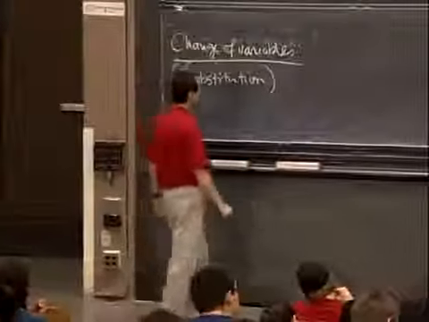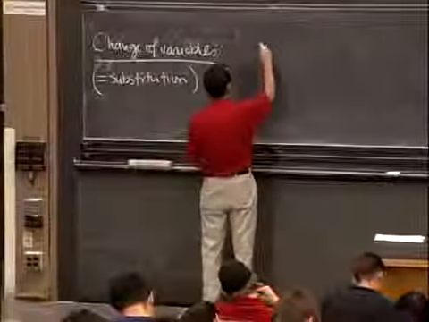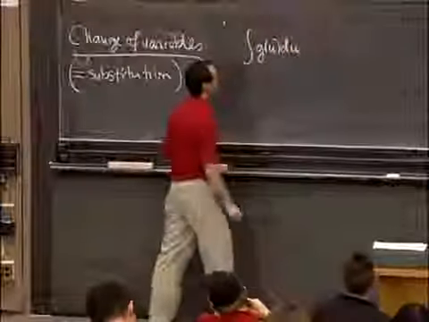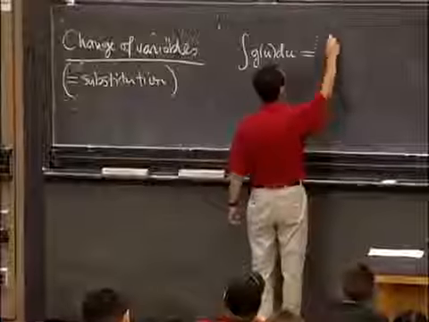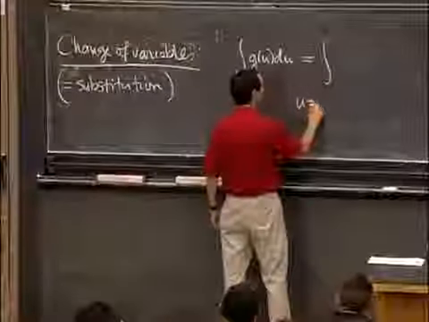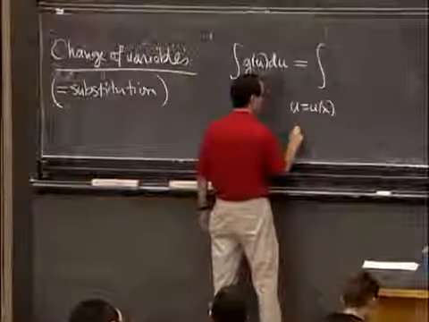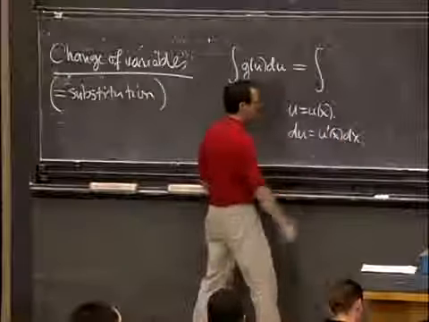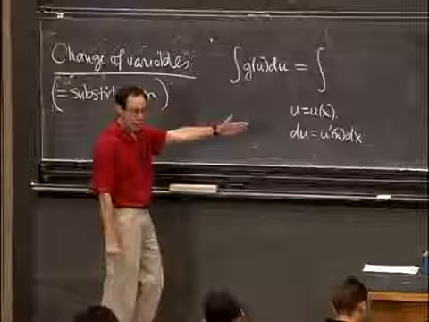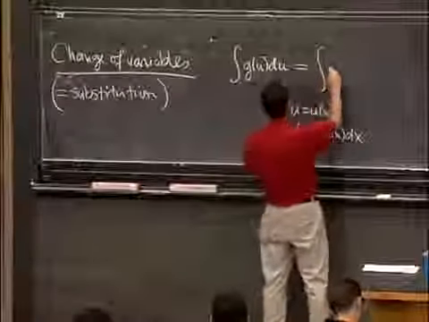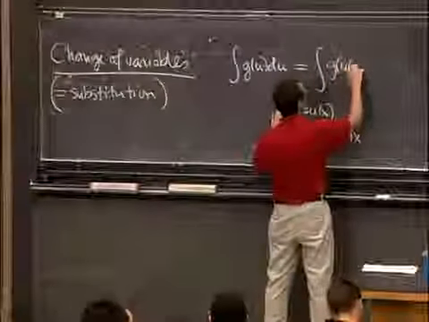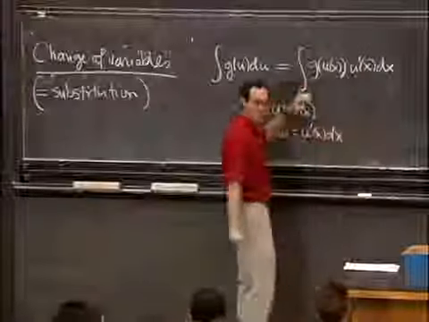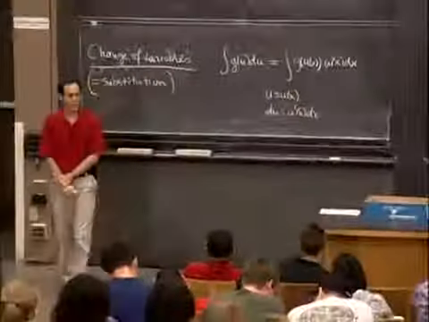And the idea here, if you may remember, was that if you're faced with an integral like this, you can change it: if you put in u equal to u of x, and you have du equal to u prime of x dx, then you can change the integral as follows. This is the same as g of u of x, u prime of x dx. This was the general procedure for substitution.